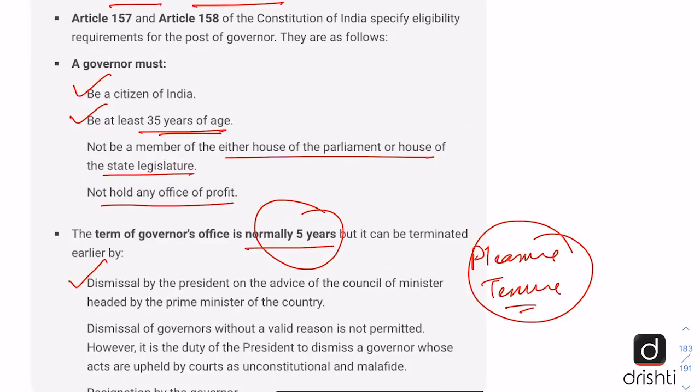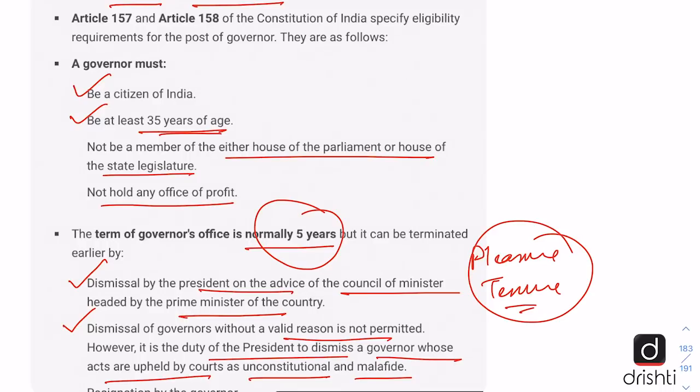The governor can be dismissed by the president on the advice of the Council of Ministers headed by the Prime Minister. Also, the dismissal of a governor without a valid reason is not permitted. However, it is the duty of the president to dismiss a governor whose acts are held by the courts to be unconstitutional or mala fide. And the governor can also be removed by his or her resignation.